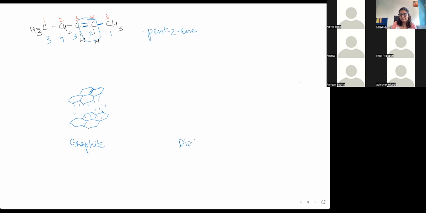And for diamond, carbon forms 4 bonds and all 4 of them are fulfilled. So it needs to be a tetrahedral shape. If you take a point, draw one upper, then draw 3 more as well. Think of it as a fan structure. Then again from this point you have 1, 2, 3, 4, then 1, 2, 3, 4.